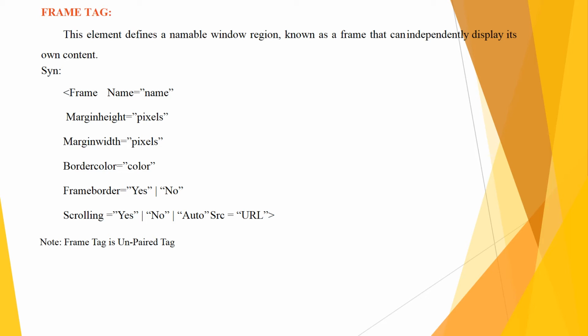Name: we have to mention the name of the section. Margin height and margin width: there is a margin between frames, right? We have to mention margin height and width. Let us see, this is the browser and this is one frame and this is another frame.